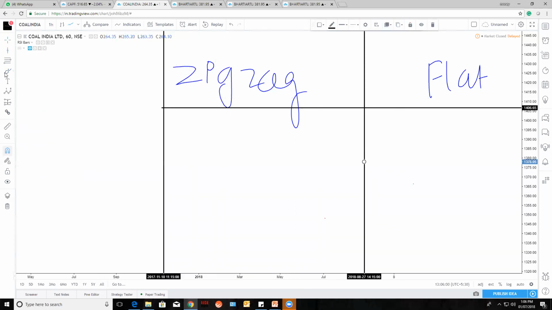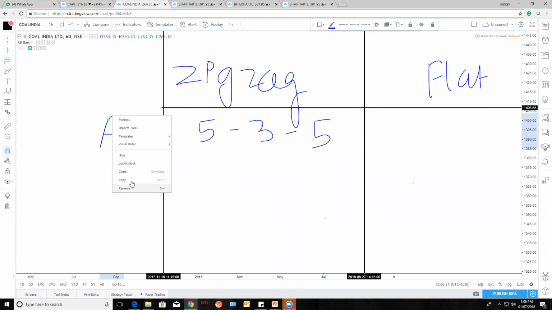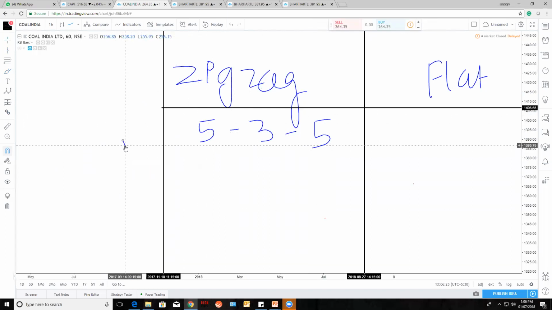Firstly, A, how should it be? Internally, the structure is 5-3-5. It should be five waves, not three waves.